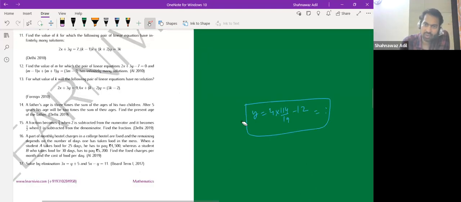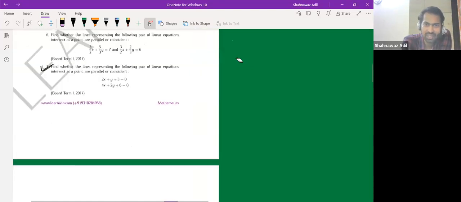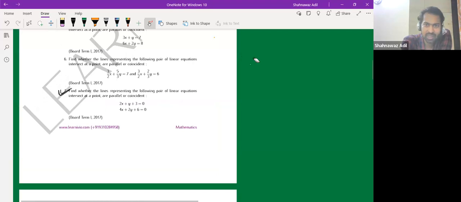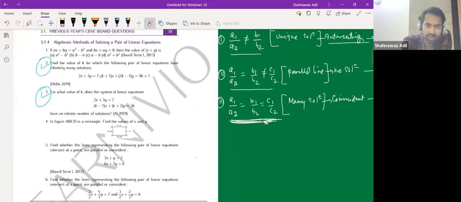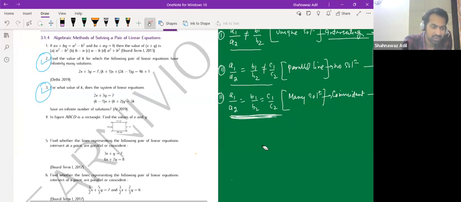If you ask me about the OneNote where I have solved all these questions, you can see that I do the problems, and in the next batch I just erase them. So you have to stick to your own notes, because you can see that my notes are erasing, then again writing, then erasing.